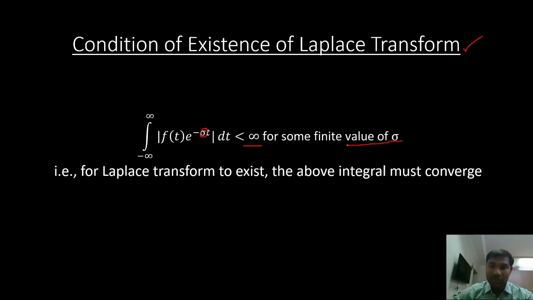If you assume some finite value for sigma, then the integral of mod of f of t e power minus sigma t dt must be less than infinity. This is the condition for existence of Laplace transform. So for the Laplace transform to exist, this integral has to converge. That is, it has to be some finite value.